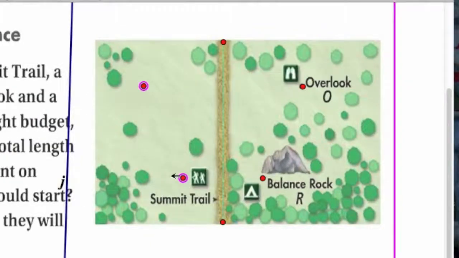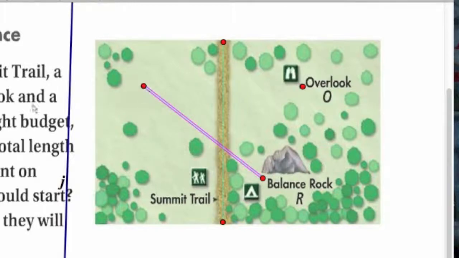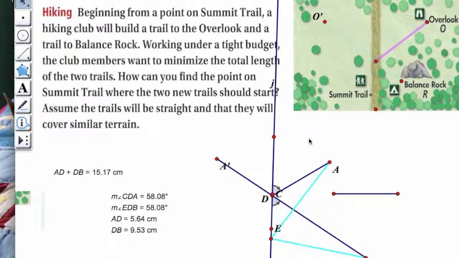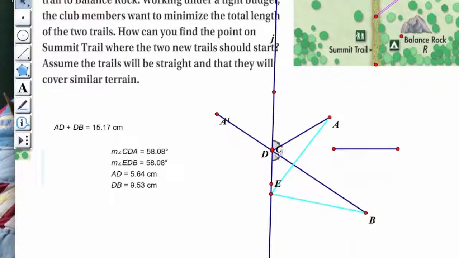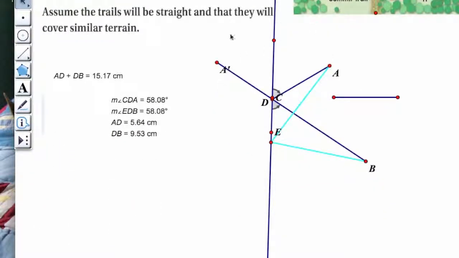To find the rest of the points, you need to draw a line from point R so that it connects to O prime. Then you connect O to where the line R O prime intersects the Summit Trail, and then you'll get the same angles on both sides, which is shown here.